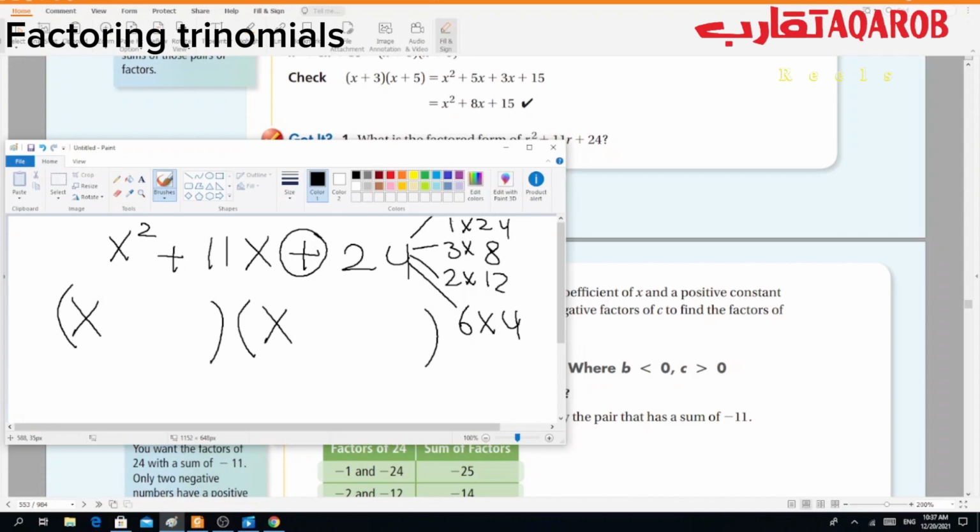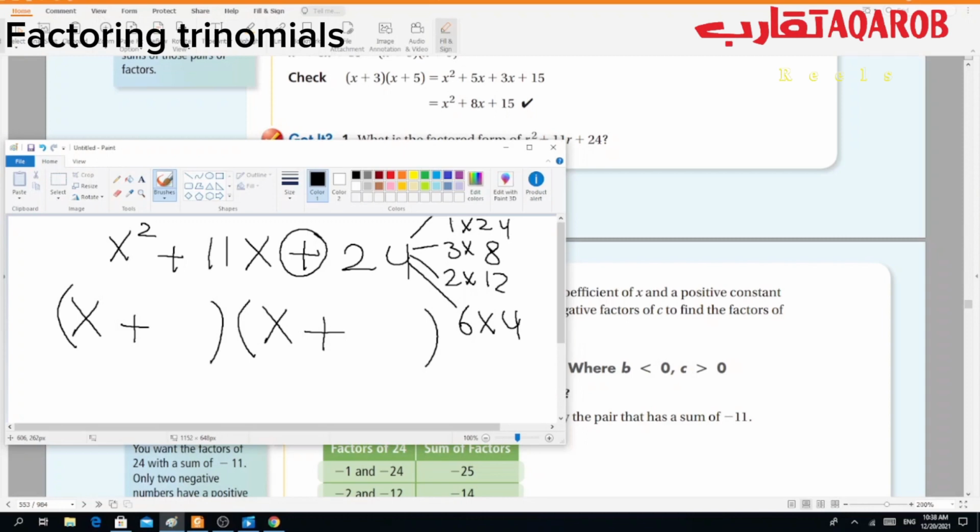How to know if they are the same positive or same negative? By looking at the sign in the middle, okay? Since it's positive, I have two same positive signs, because the midterm is positive.